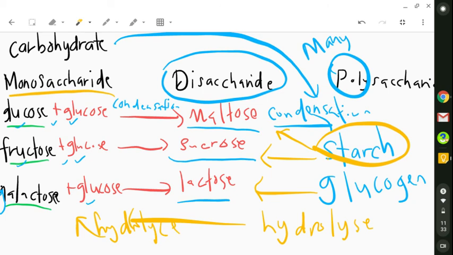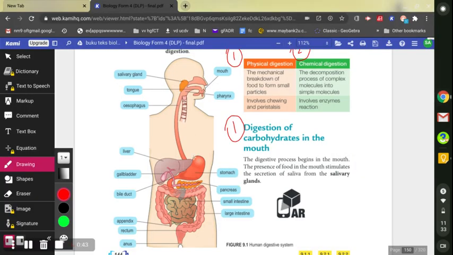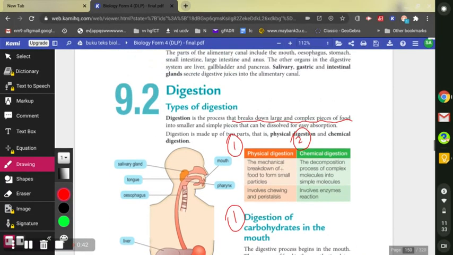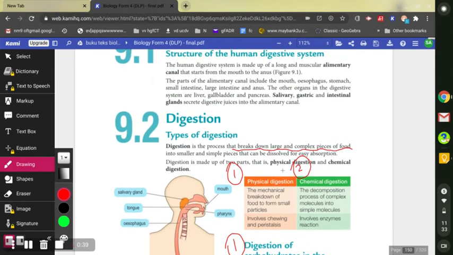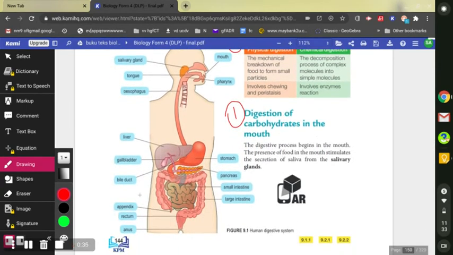So you need to understand this information to understand what happens in digestion of carbohydrate in the mouth and also in the small intestine. So I will continue in the next video on digestion of carbohydrate in the mouth.